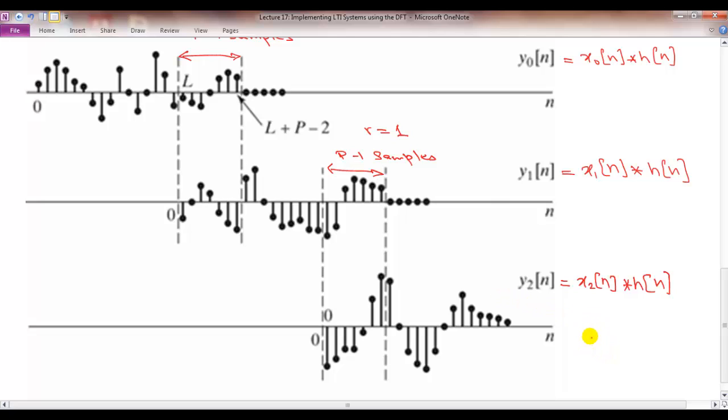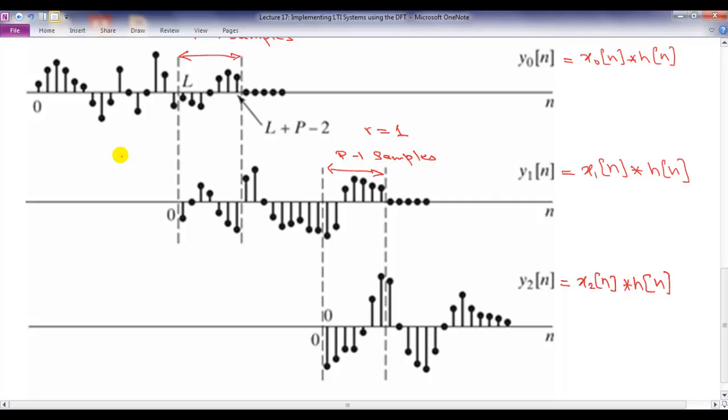So that's why it's called overlap add, because even though your input is divided into non-overlapping blocks, to get the right output, you really have to take care of these overlaps, which arise because if you convolve length L and length P sequences, you get an output of length L plus P minus 1.